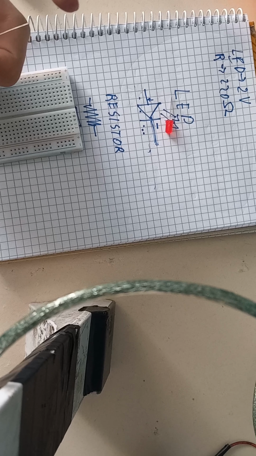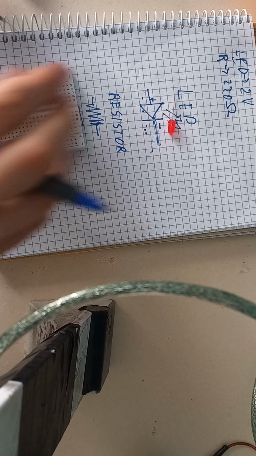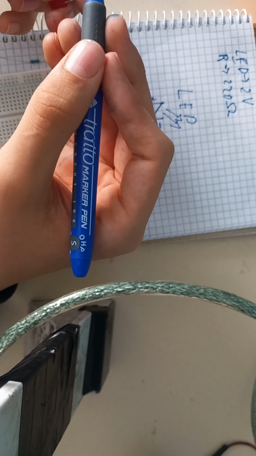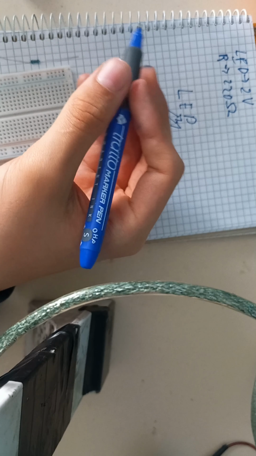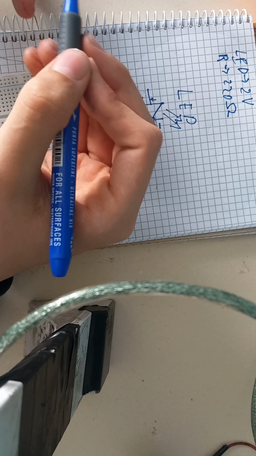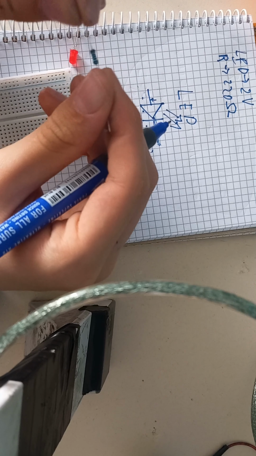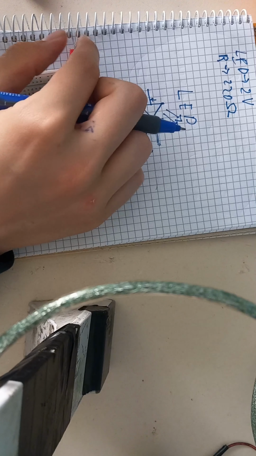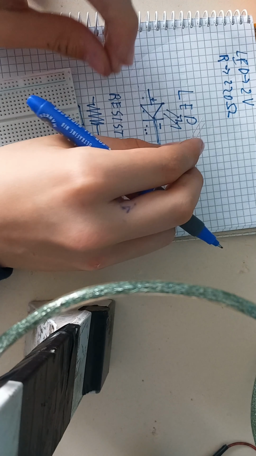If we put, for example, 5 volts directly to the LED, it will burn out the LED as the current goes too fast. So the resistor basically makes the current go slower, so the LED won't burn out. Yeah, that's all.